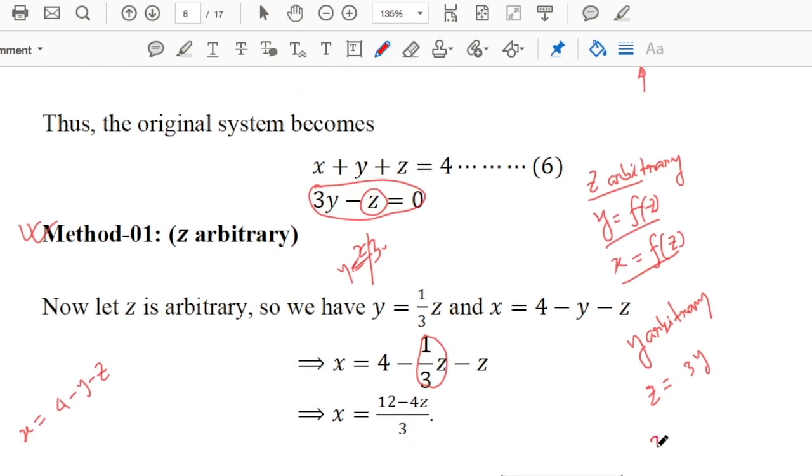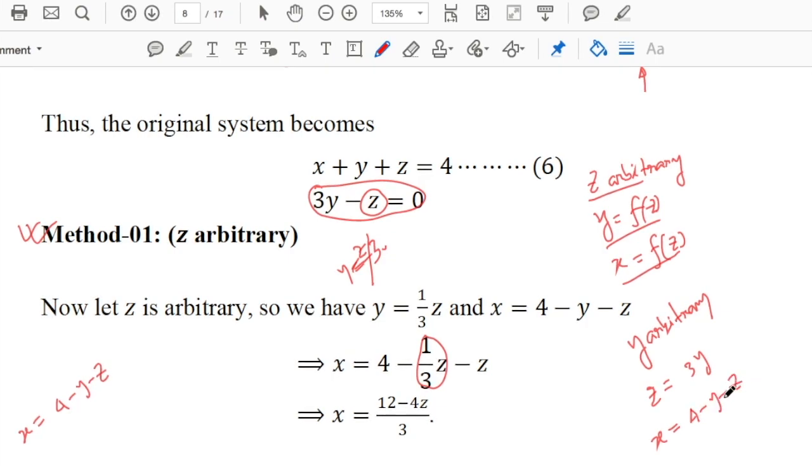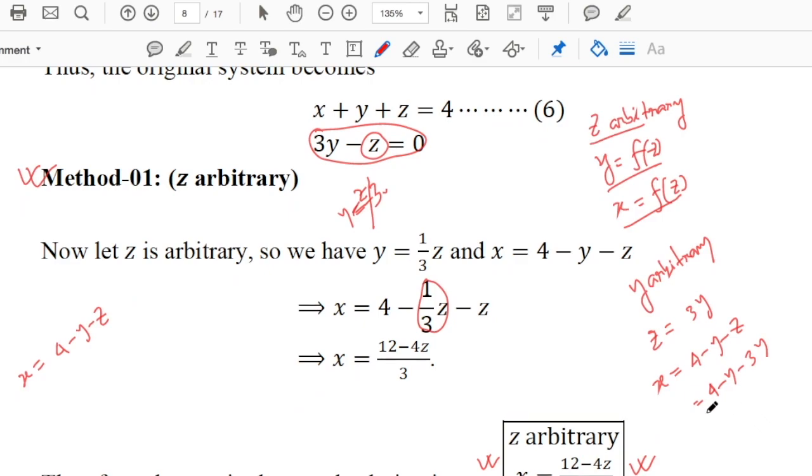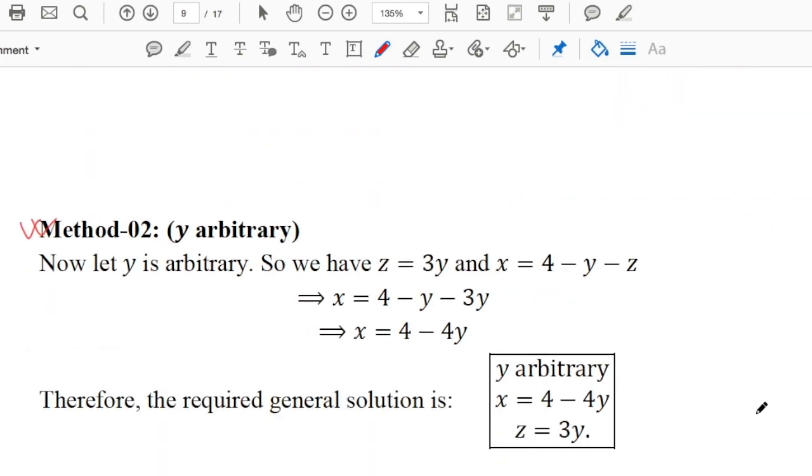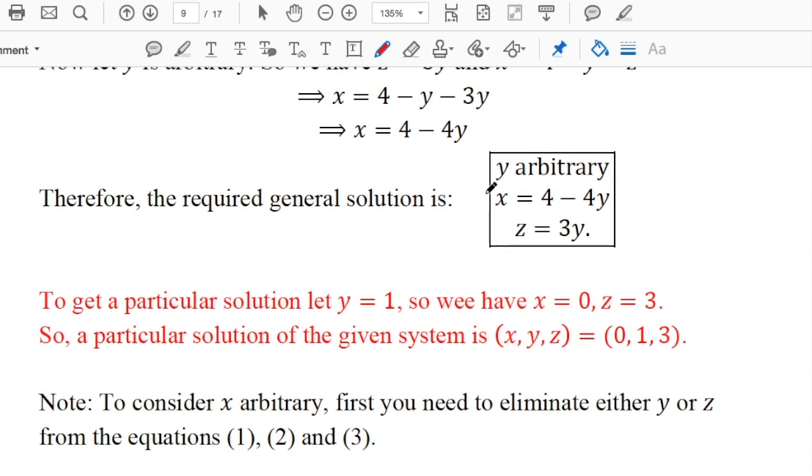And from the first equation, x should be in terms of y, which is 4 minus y minus z, and this equals 4 minus y minus 3y, which is equal to 4 minus 4y. So what is the general solution? y arbitrary, z equal to 3y and x equal to 4 minus 4y.